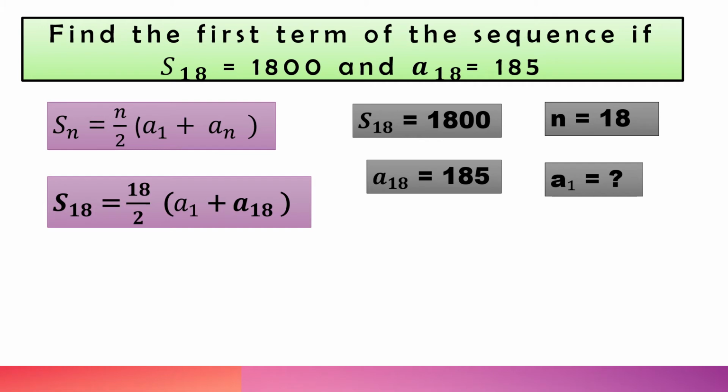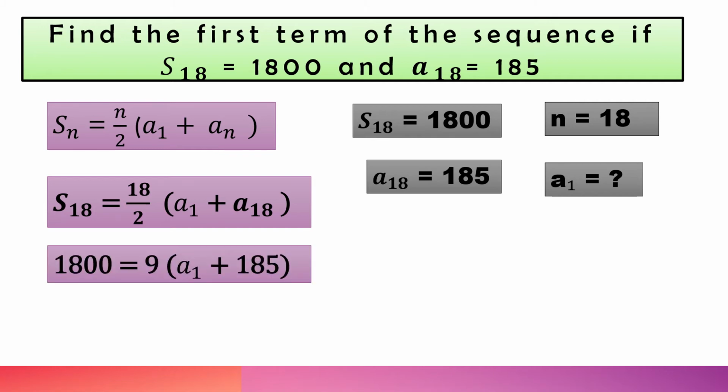That is, S sub 18 is equal to 18 over 2 times the quantity A sub 1 plus A sub 18. That is equal to 1800 equals 9 times A sub 1 plus 185.